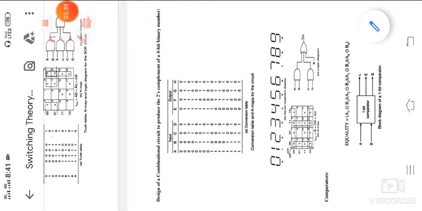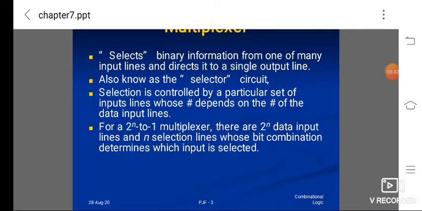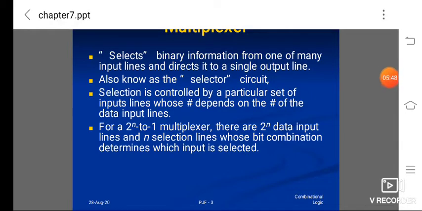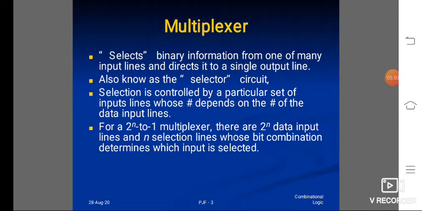Next, a very important topic is the mux and demux. Another name is multiplexer and demultiplexer. It is very important in digital electronics.